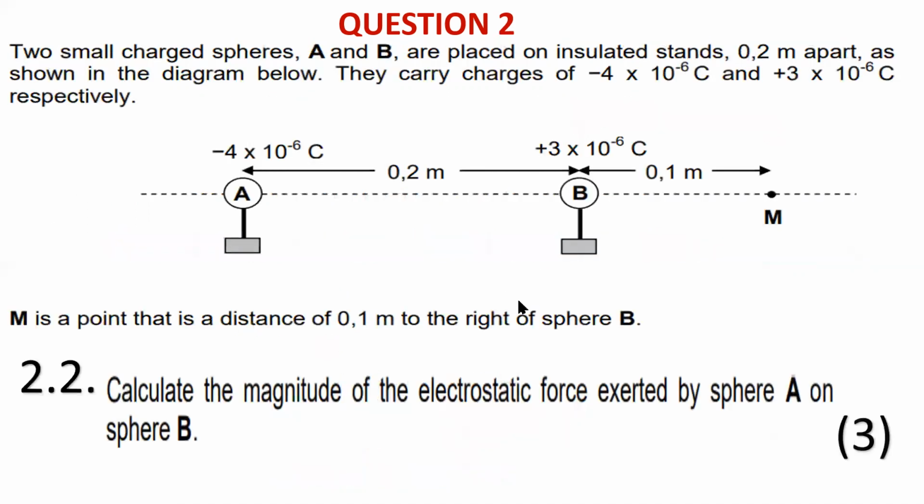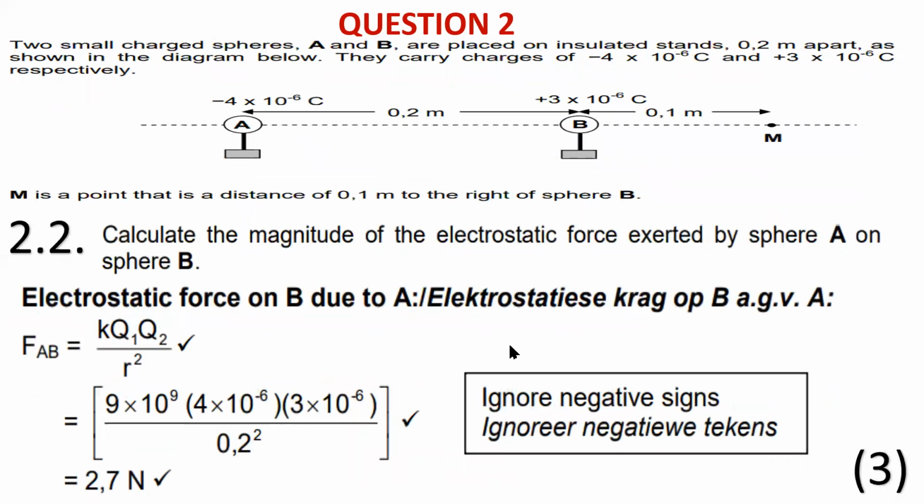And then the next question, calculate the magnitude of the electrostatic force by sphere A on sphere B. Okay, we are looking for the electrostatic force on sphere B by sphere A. So that's our question, another 3 marks. So how are we going to calculate this one?